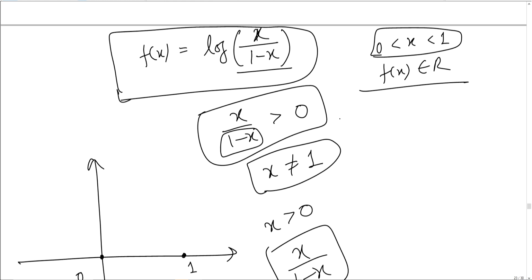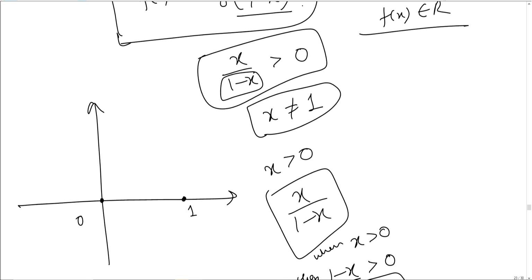What would be the value at x equals 0.5? When x is 0.5, you would have 0.5 here, 0.5 here. So, inside the log you have 1. So, log 1 is 0. So, at x equals 0.5, the value of this function is 0. And what would be the value of the function at a slightly larger value? Let us say 0.75.